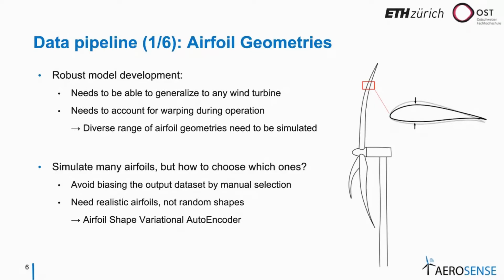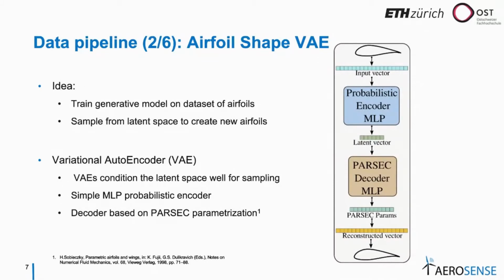And so we decided to implement this airfoil shape variational autoencoder. With this VAE, the idea is to train the generative model on a data set of a bunch of airfoils, and then we can sample from the latent space created during the training to create new airfoils.